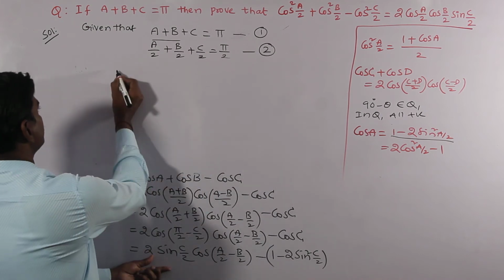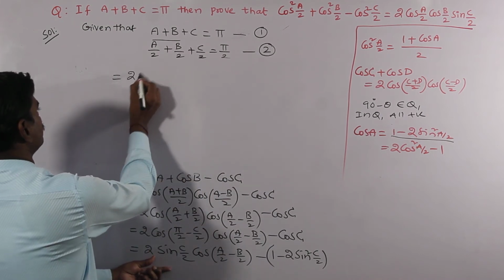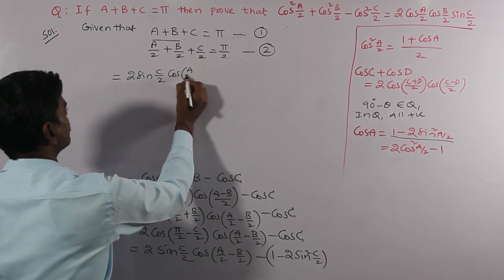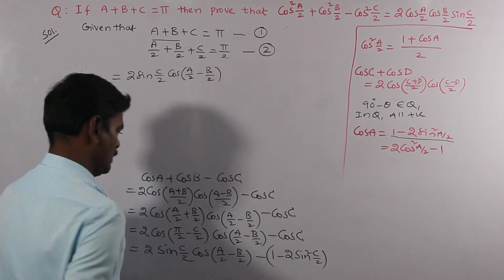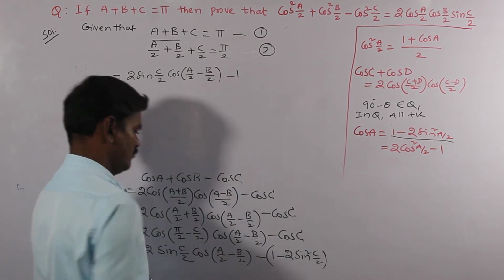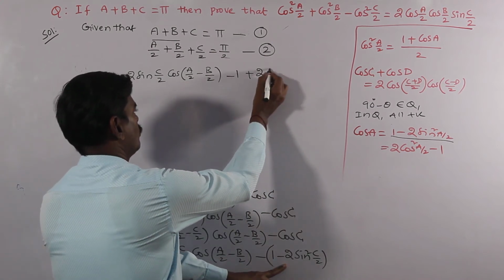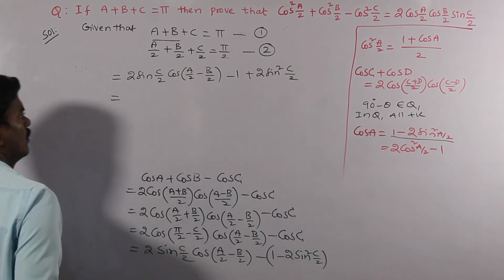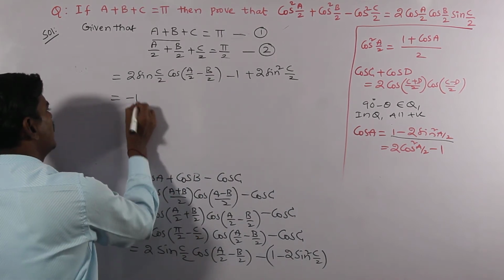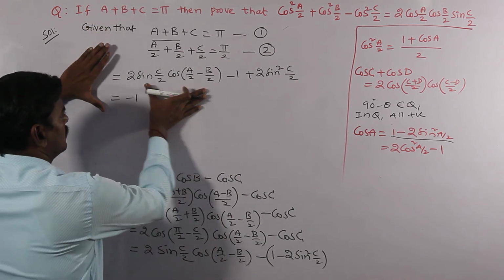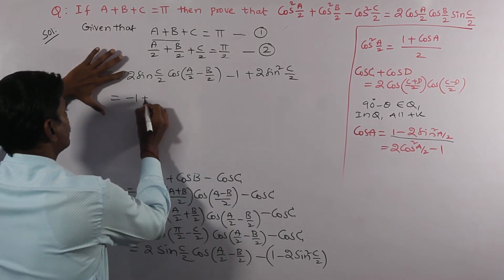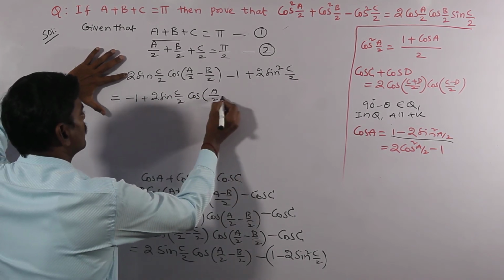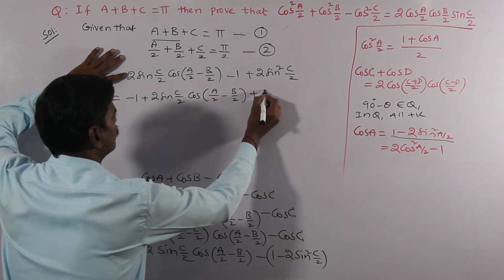Now 2 sin C by 2 as it is, cos of A by 2 minus B by 2 also the same. Now minus 1, minus into minus, plus 2 sin square C by 2. Now we can keep minus 1 separately, and write these two terms together in one step. Afterwards we will plan for the common term.